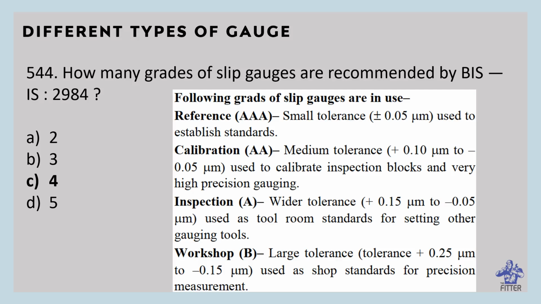The third one is inspection, wider tolerance, used in tool room standards for setting other gauging tools. And the fourth one is workshop, large tolerances, used as shop standards for precision measurement.